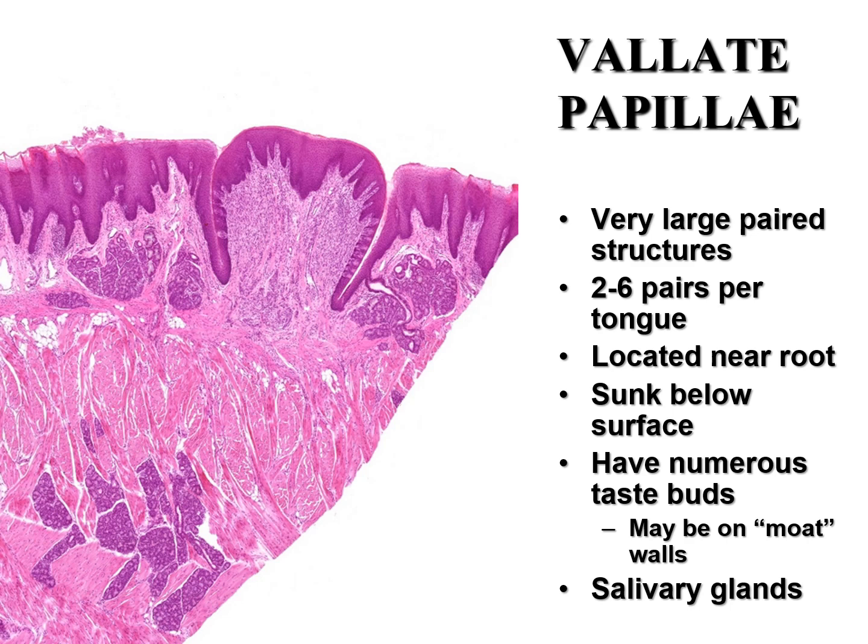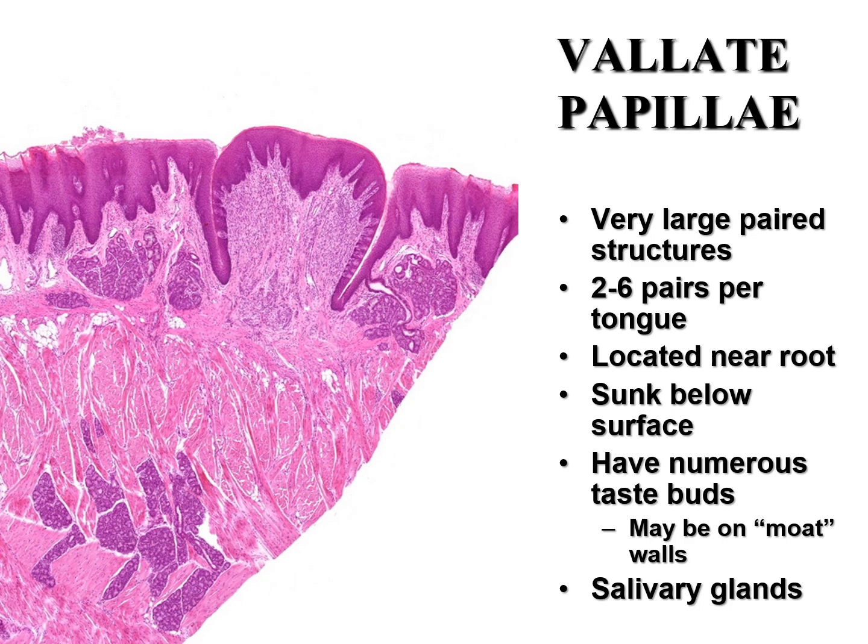The third type, we have the vallate papillae. Usually they are very large, paired structures. They are not found as a single structure, they usually are found as pairs, usually at the area of the root of the tongue, and they don't elevate above the surface of the epithelium. Instead, they sink below the surface, and usually they have numerous taste buds.